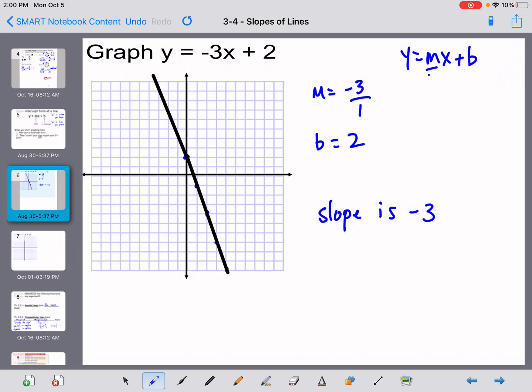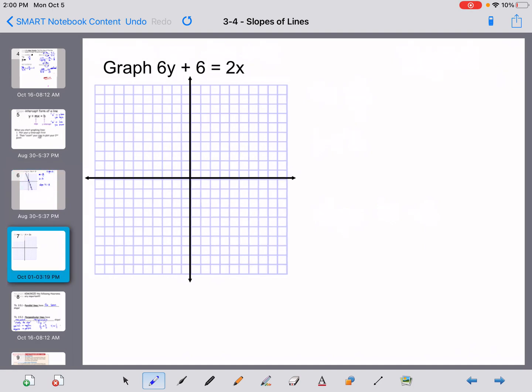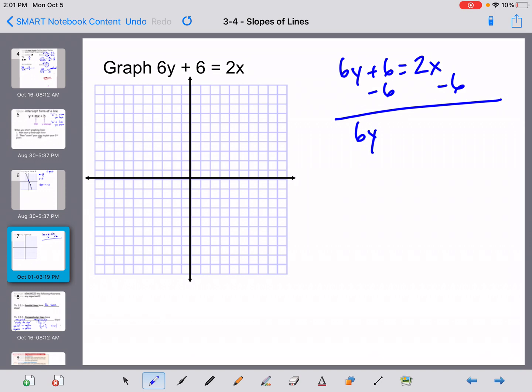Now this one was pretty easy because it was given to us in this y equals mx plus b form. Sometimes though, it's not given to us in that form. So you've got two options. You can rewrite this. All right, and this is where I'm going to move stuff around. I cannot combine this 2x and this 6 because this 6 does not have an x with it.